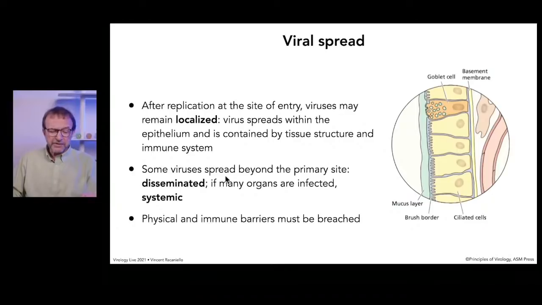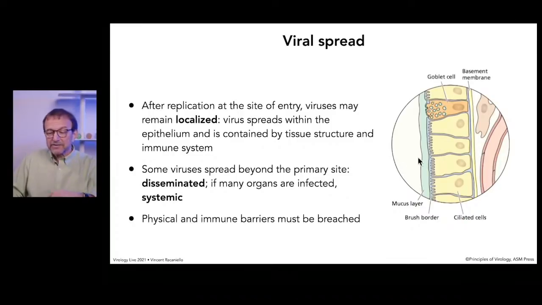But other viruses spread beyond the primary site. We call that a disseminated infection. And if many organs are infected, we call it a systemic infection. Now, spreading beyond the primary site is not easy. Both physical and immune barriers need to be breached. What do I mean by that?